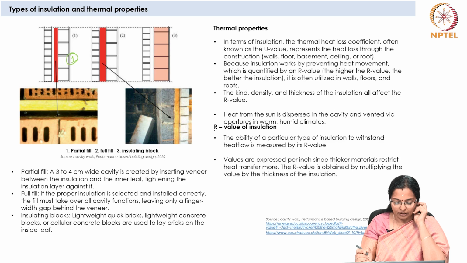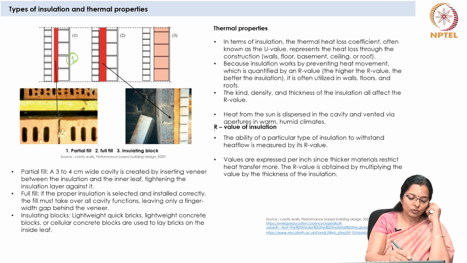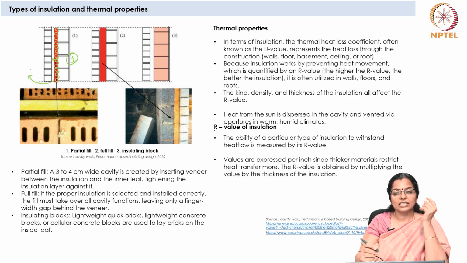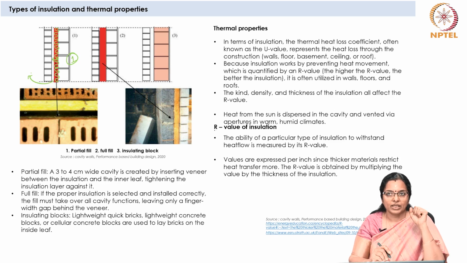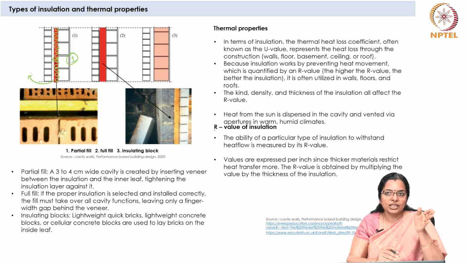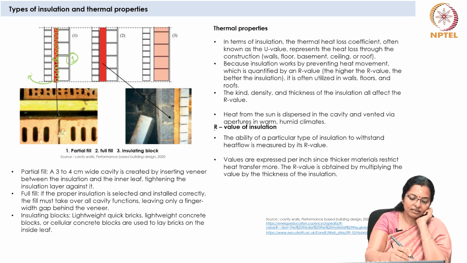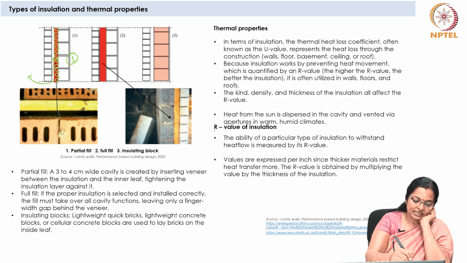In partial fill, even though there is adequate gap, the insulation is placed only partially and the remaining part is left as air as an insulator. So, in this 3 to 4 centimeter wide cavity which is created between the two walls, a veneer between the insulation and the inner leaf is kept to tighten the insulation layer against the second wall.